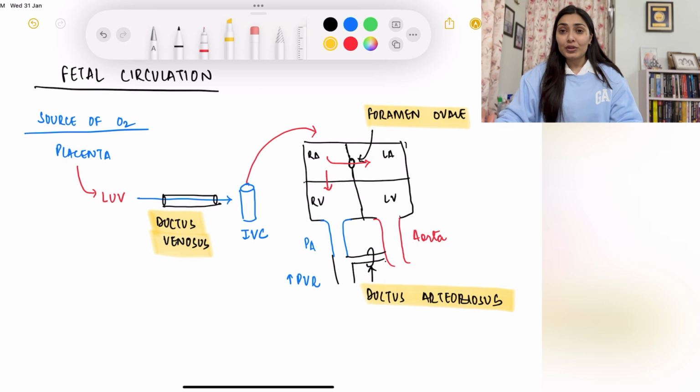So this completes the brief overview of fetal circulation. In the following video, we will deal with what happens as soon as we cut the umbilical cord and the fetal circulation is switched to the adult circulation.